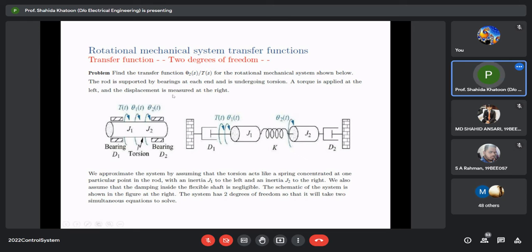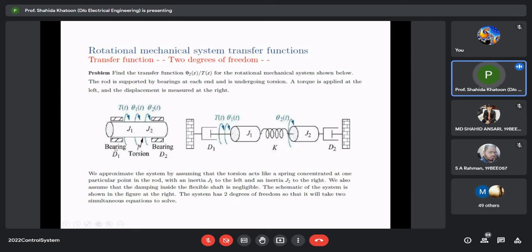Okay, so if you draw the free body diagram, it will be something like this. This is basically J1 and J2. J1 is being forced to rotate with the help of an externally applied torque T, and J1 rotates through an angle theta 1, J2 rotates through an angle of theta 2.